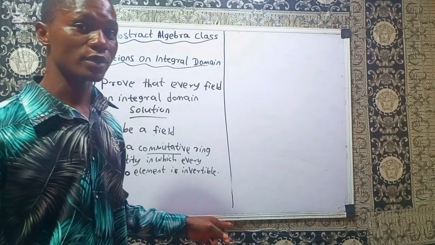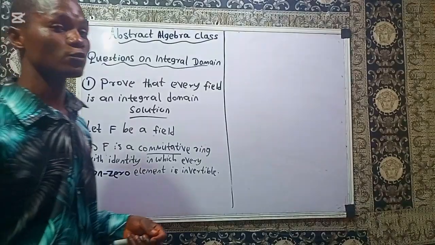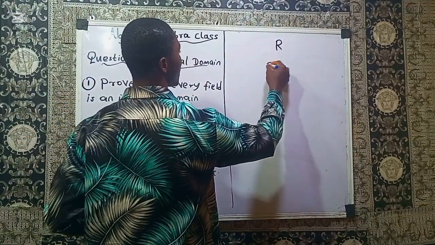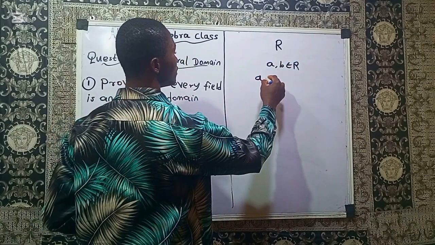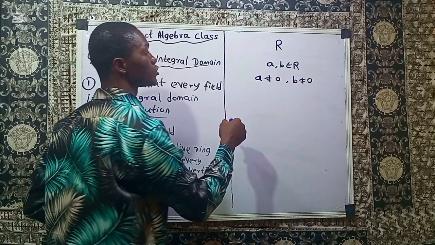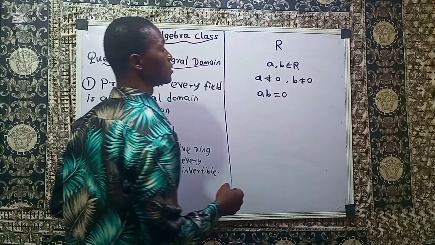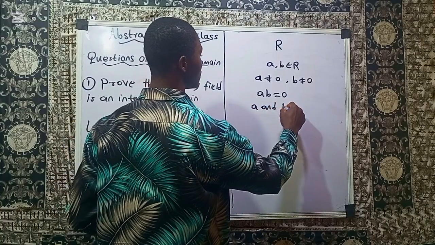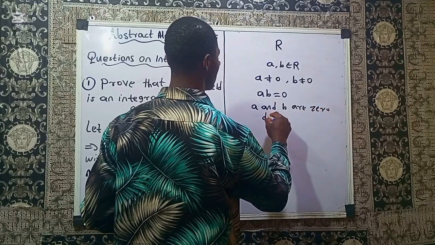And also, an integral domain does not have zero divisors. In our last class we saw the definition of zero divisors. Assuming that R is a ring and you have that a and b are in the ring R, with a not equal to 0, b not equal to 0, if it happens that a times b is equal to 0, then we say that a and b are zero divisors.